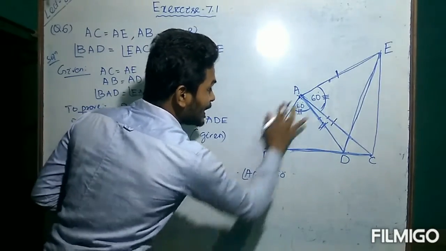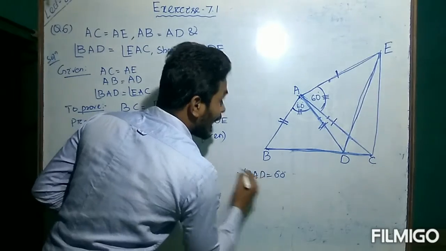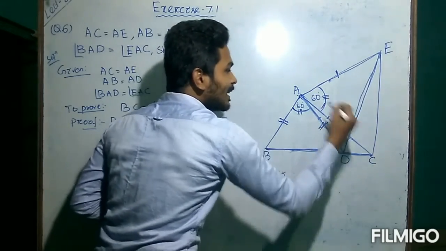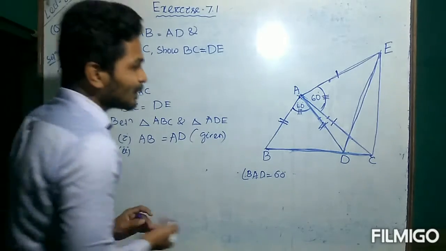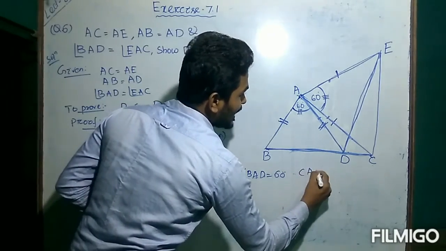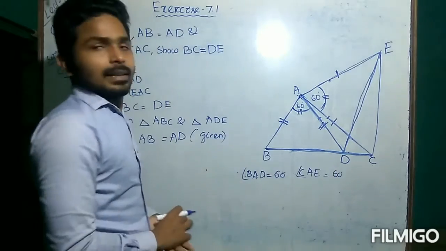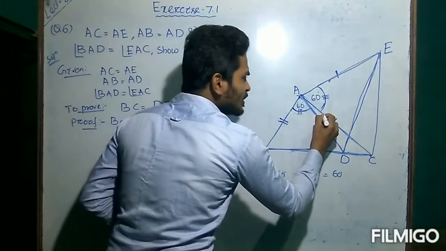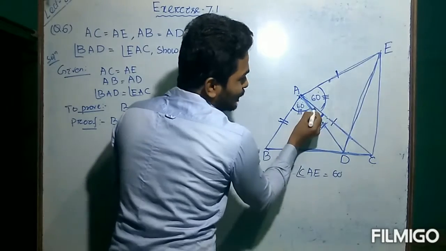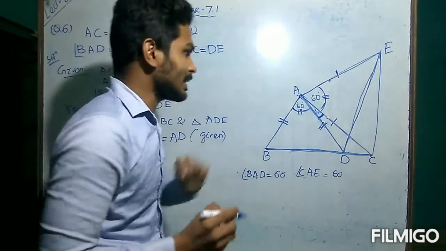So it is given BAD is equal to 60 degrees, and this angle means CAE is also 60 degrees. Clear? Now, suppose we choose this small angle to be 30 degrees.